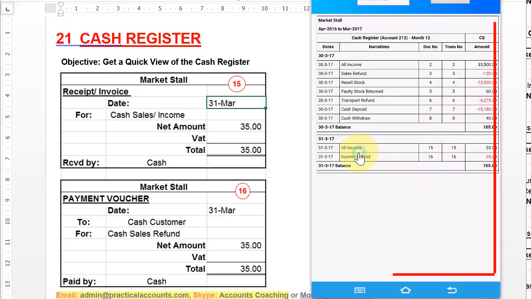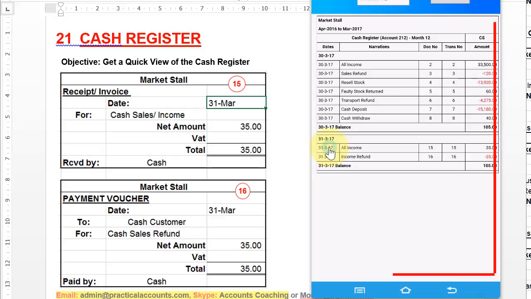Now, on the 31st, we sold goods for 35, but because they were returned, we paid out a refund of 35, and that leaves us with a balance of 105. Apparently, this balance is cumulative. So that's it about this cash register. Somehow you should count the money in the till against the balance on this account.